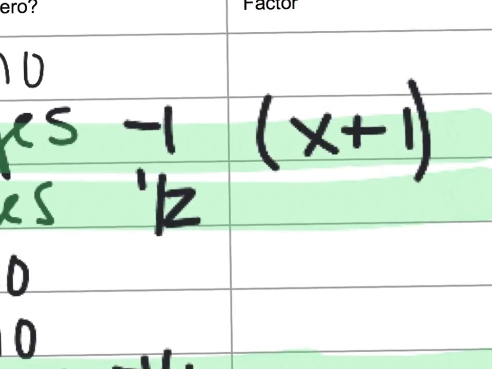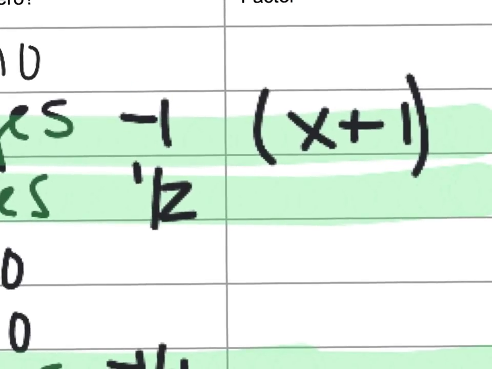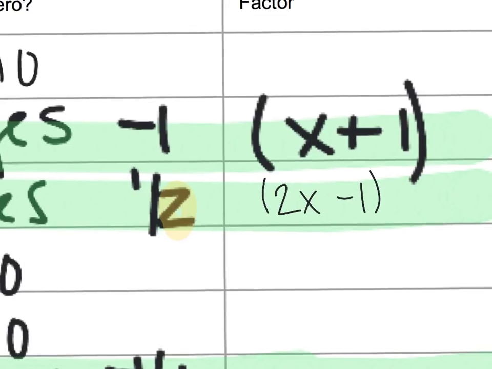All right, so if -1 is a 0, then that means x plus 1 is a factor. If 1/2 is a 0, that means that 2x minus 1 is a factor. So pay attention to where things went. My denominator became my coefficient of x, and my numerator was still the coefficient at the end.